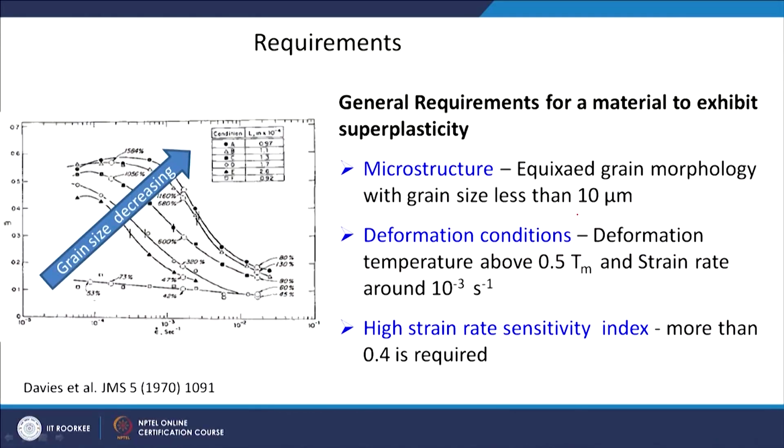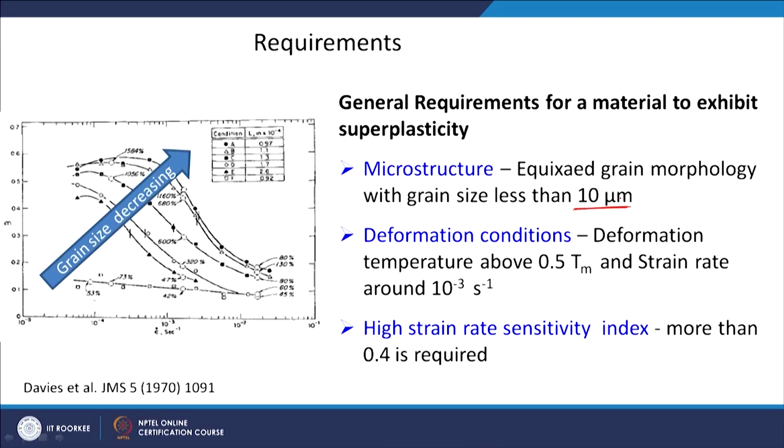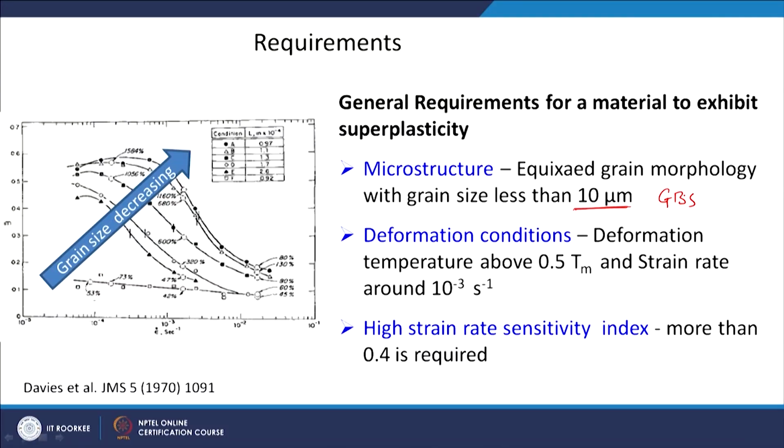The grain size in conventional superplasticity should be less than 10 micron, around 10 micron, it can be 15 micron also, but the limiting condition is around 10 micron, because when you have fine grain material, then only you have more grain boundaries, and then the deformation happens through grain boundary sliding, as I already told you. So, all these equiaxed, finer grains help in the grain boundary sliding process.